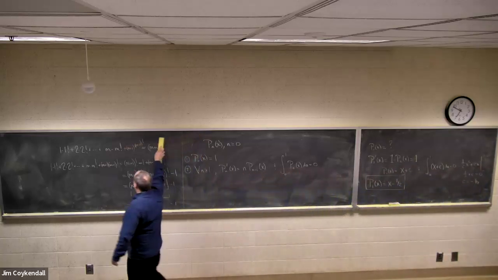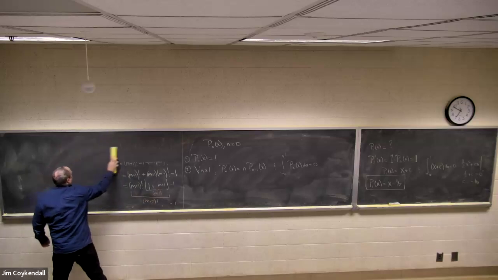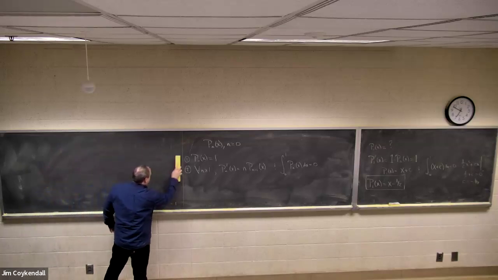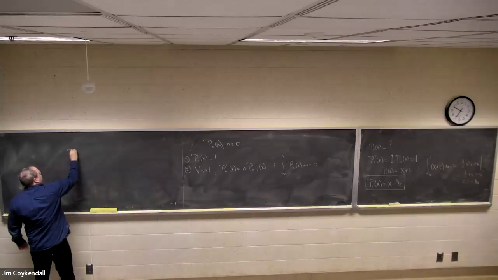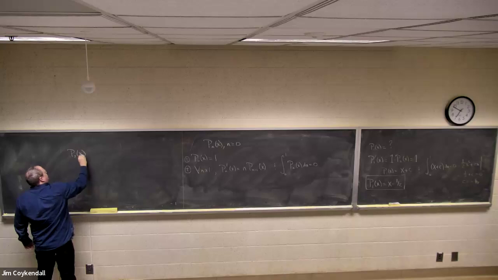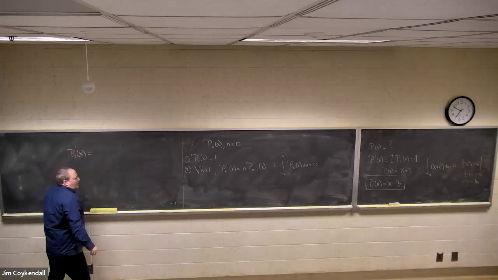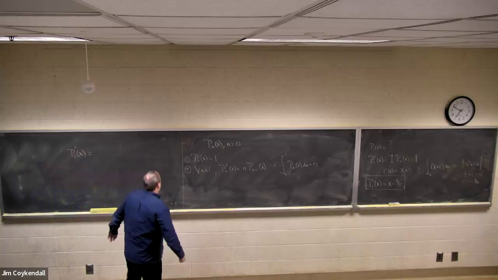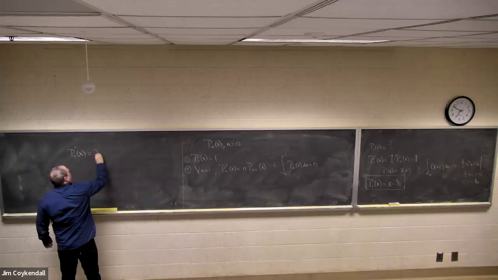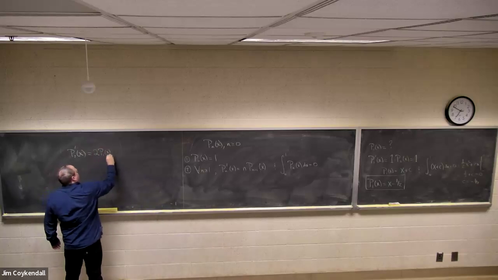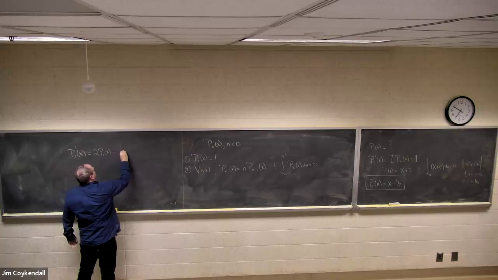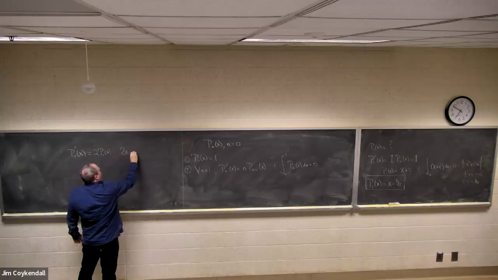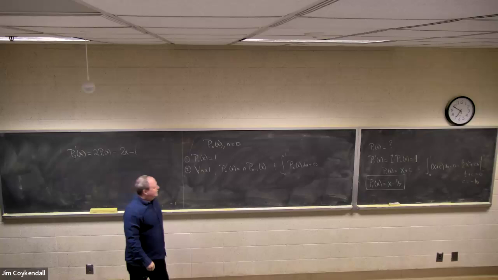Well, let's find P2 of X. Following this formula again, this should be 2 times the first Bernoulli polynomial. So this should come out to be 2 times X minus 1/2, so 2X minus 1, I reckon.